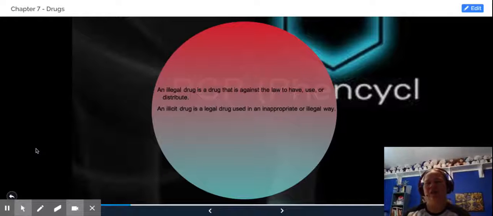All right, so there are two terms that you're going to be hearing: illegal versus illicit. An illegal drug is one that you cannot have. It's against the law to have it, to use it, or to distribute it. If it's an illicit drug, it's a legal drug, mainly prescriptions and stuff like that, but it's used in the wrong way.